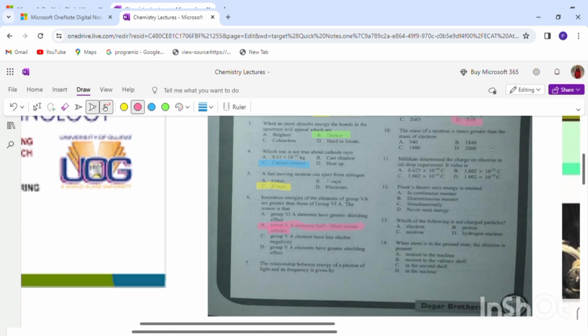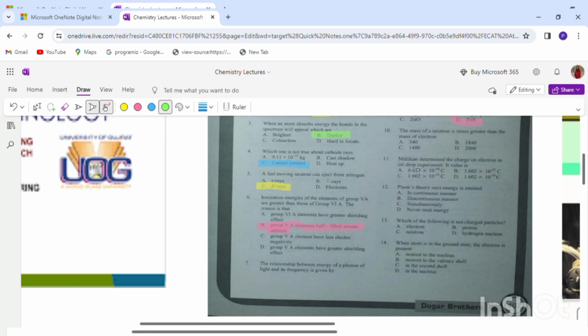10th MCQ, the mass of neutron is dash times greater than the mass of electron. How many times is the mass of neutron greater than the mass of electron? So 540, 1840, 1480, 2000. We have already discussed that the mass of proton is 1836 times greater than the mass of electron, but the mass of neutron is greater than electron by how many times? 1840 times.